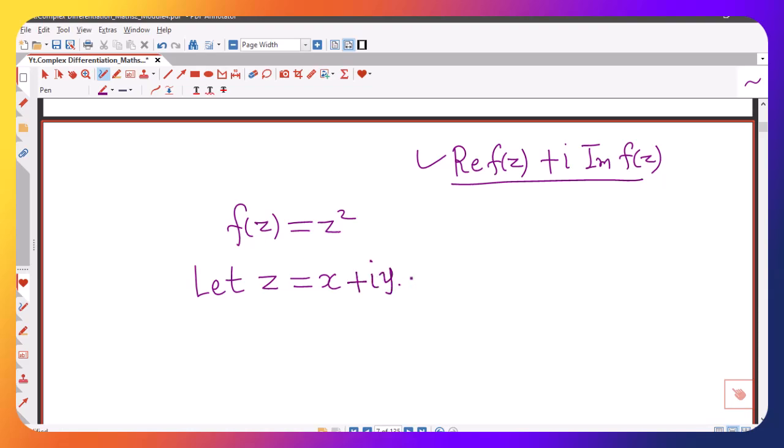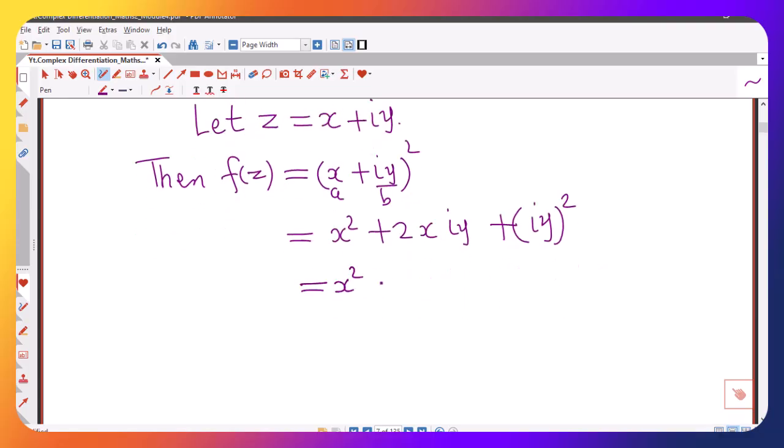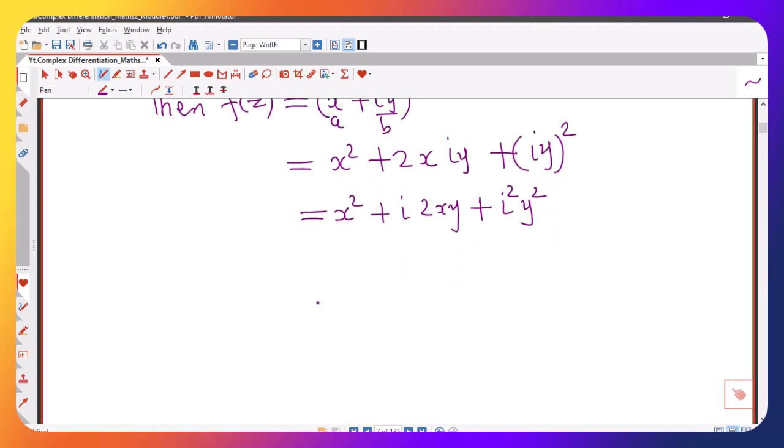So f(z) equals the square of x plus iy, and this I can simplify using the formula for the square of a plus b, that is a square plus 2ab plus b square. Here a equals x and b equals iy, so we get x square plus i times 2xy plus the square of i times the square of y. Now we know that i square is nothing but minus 1.